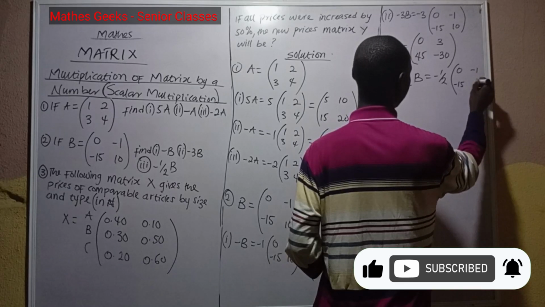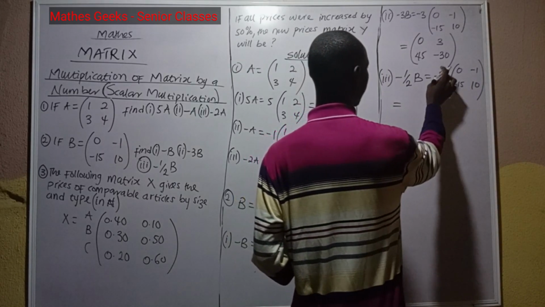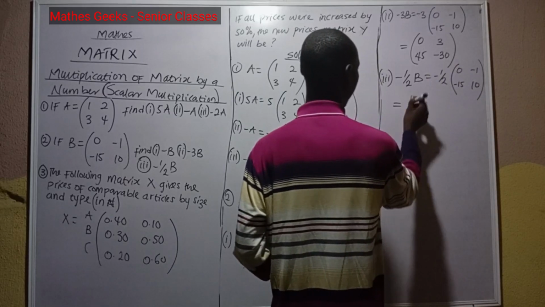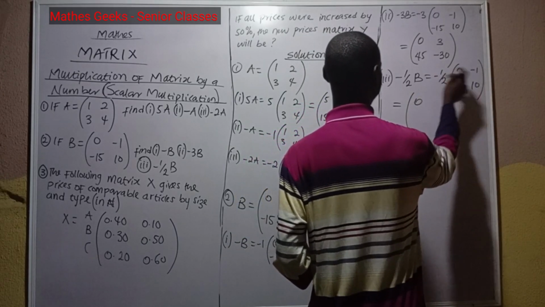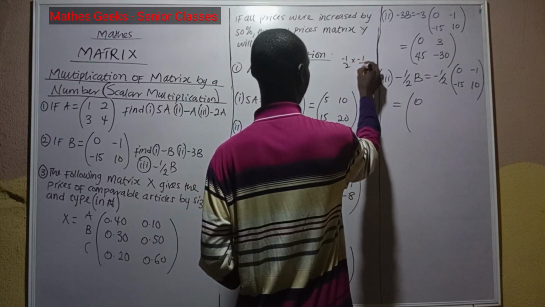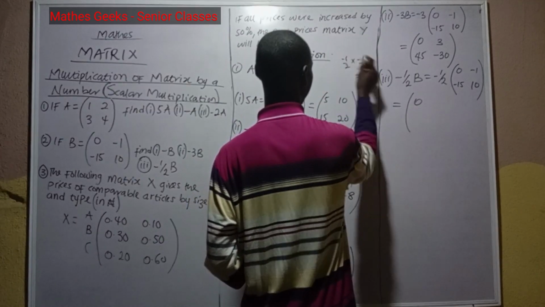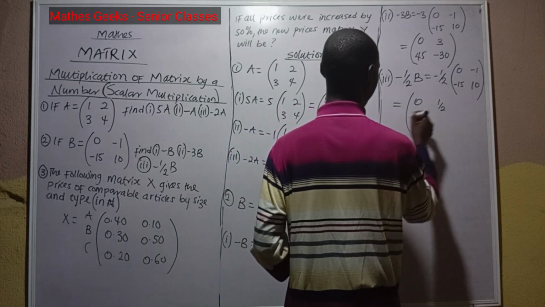This is equal to minus 1 over 2 times 0, which gives us 0. Minus 1 over 2 times minus 1: minus times minus is plus, 1 times 1 is 1, so this is 1 over 2.